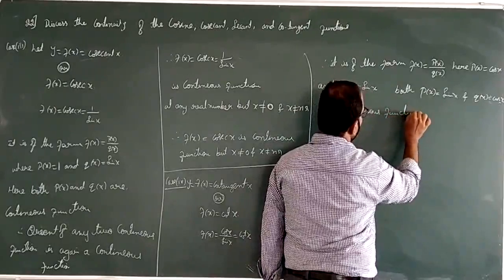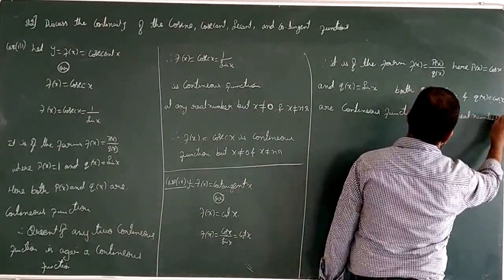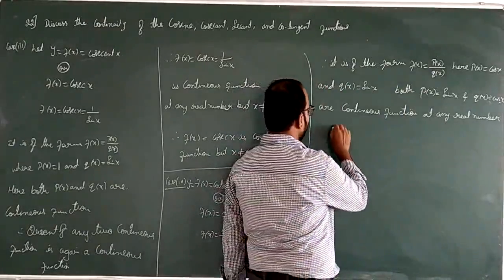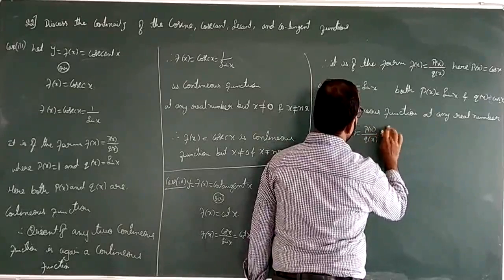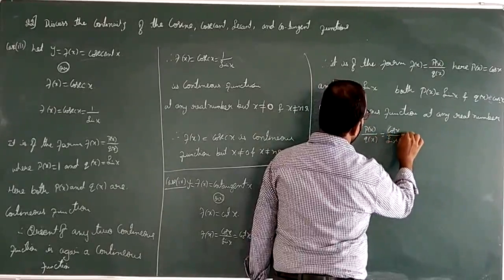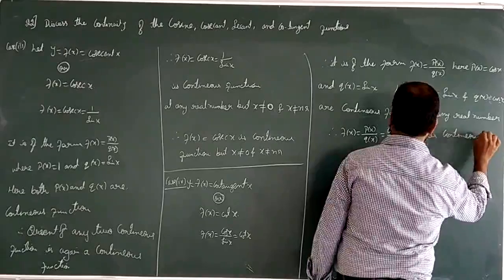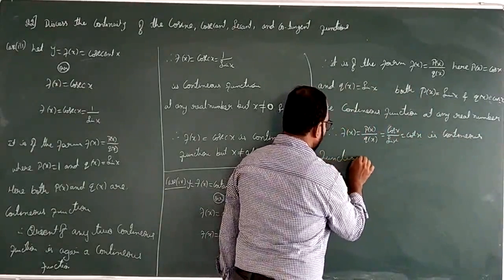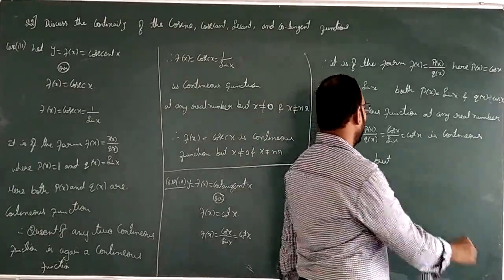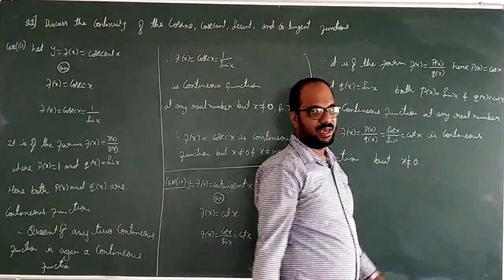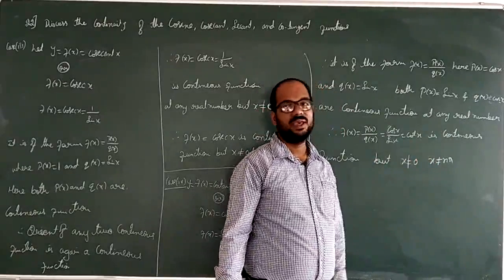At any real number, therefore f of x is equal to p of x divided by q of x, that is cos x by sin x, is equal to cot x, is a continuous function, but look here, for me not to get an indeterminate form, sin should not be 0. Sin is 0 when x is equal to 0, or when x is equal to n pi. So we must write that x is not equal to 0 and x is not equal to n pi.